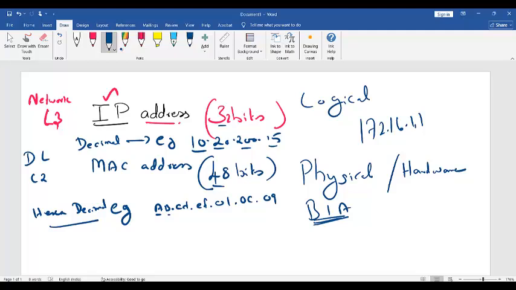Next is data link layer, which is the layer 2 address. This is called a MAC address. Why? This address is to identify the media via which you are going to communicate. Understand this.